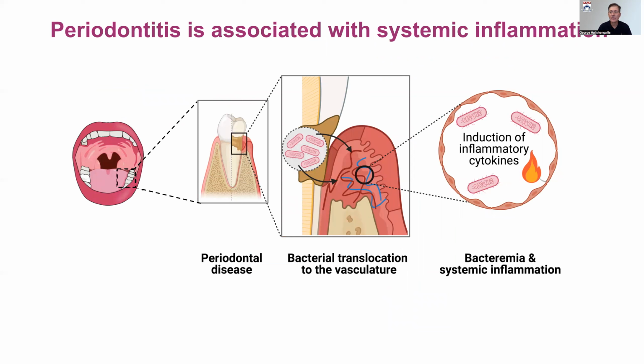Periodontal disease is also associated with systemic inflammation, and this is mostly because periodontal bacteria may get access into the circulation. So these bacteremias are quite frequent, and they can happen either in the dental office with professional dental care like scaling, tooth extractions, etc., or during daily activities like when flossing or brushing or eating hard foods like an apple, for example, which creates bacteremias and systemic inflammation.